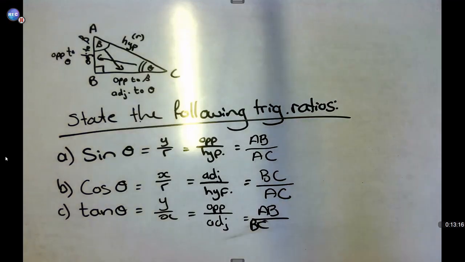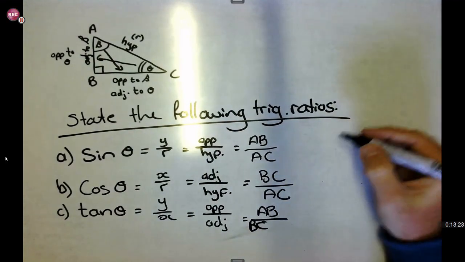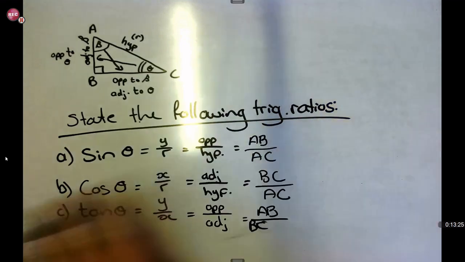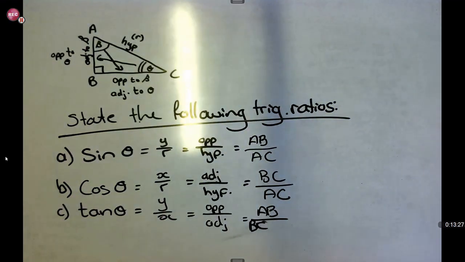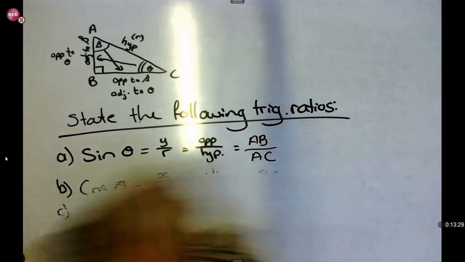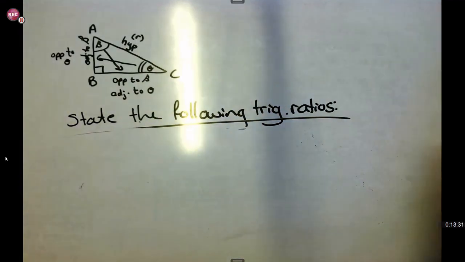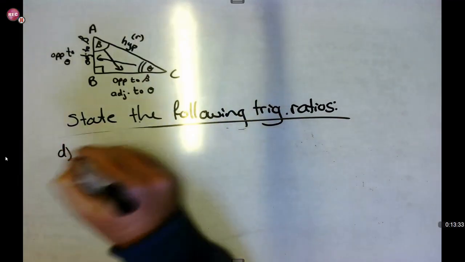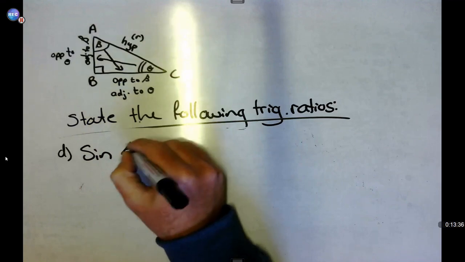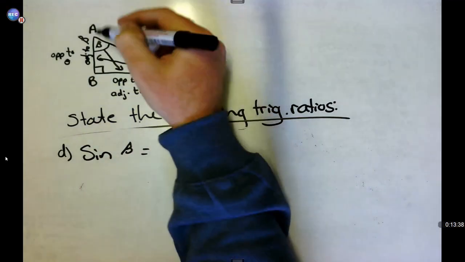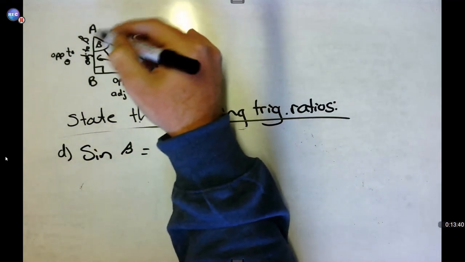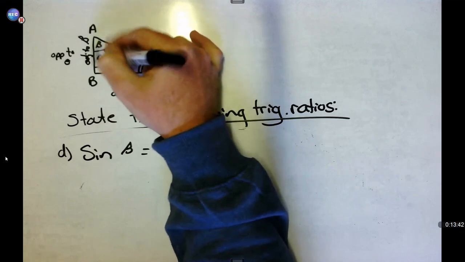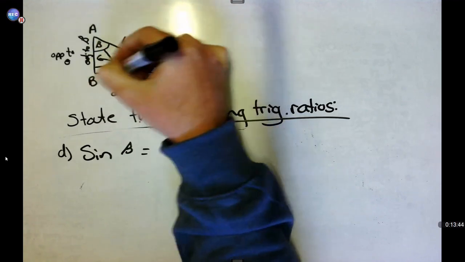Now, if we look at sine beta, let me just take this away. Now we're moving on to sine beta. Beta is over here, which means this is the adjacent for beta, and this would be the opposite for beta.